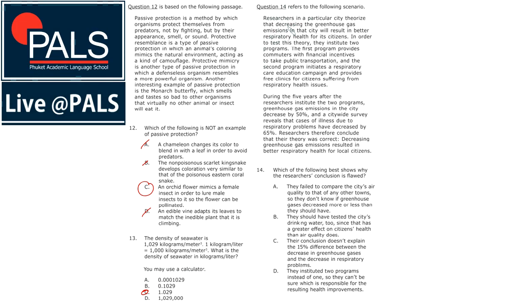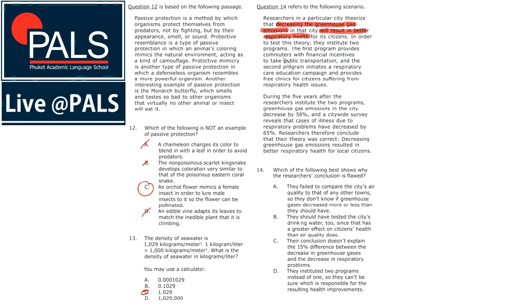14. Researchers in a particular city theorize that decreasing greenhouse gases, so they have theorized in this case means they have some kind of idea or hypothesis, decreasing greenhouse gas emissions in the city will result in better respiratory health for its citizens. In order to test this hypothesis, they institute 2 programs.